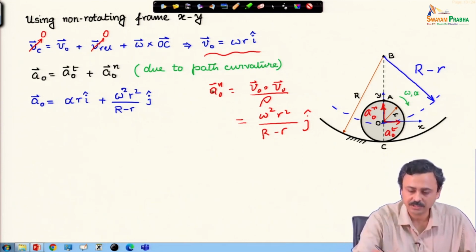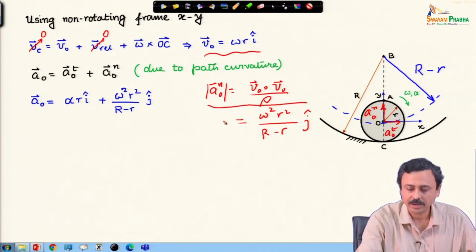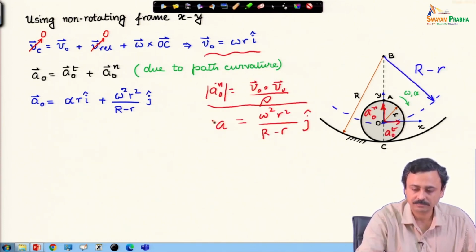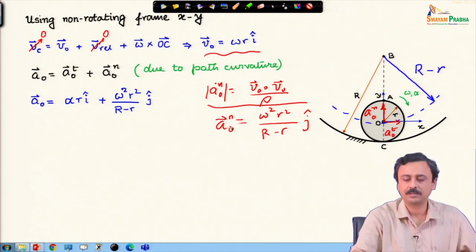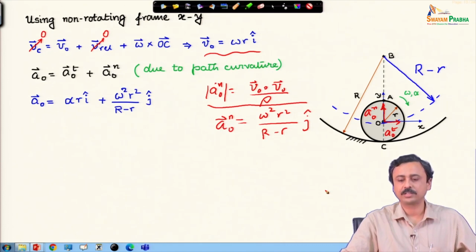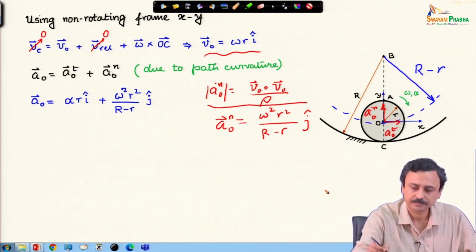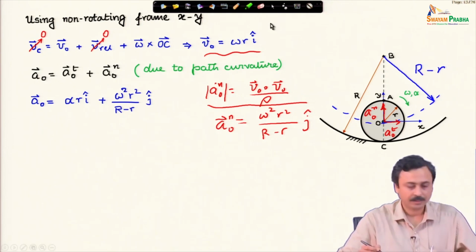This gives me the magnitude, and this is the vector. So, the direction is j cap. That is what I have written here.